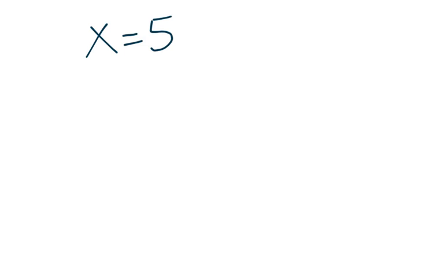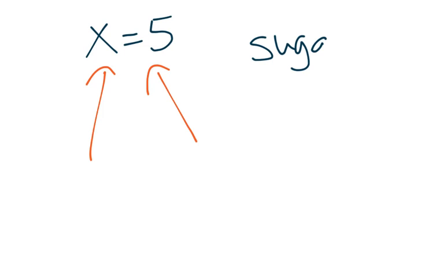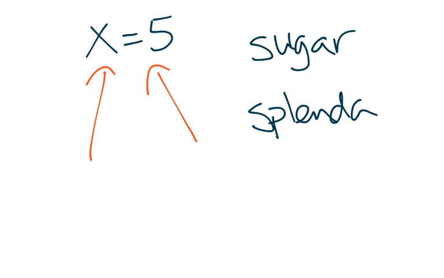So anywhere there's an x in the problem, I can either write an x or I can write a 5 because they're both the same thing. I get to choose which one I pick, and I will choose whatever's best for me at that moment. Just like in a recipe, if it calls for sugar and you're a diabetic, you would use Splenda because Splenda is a replacement for sugar, but it's sugar-free.